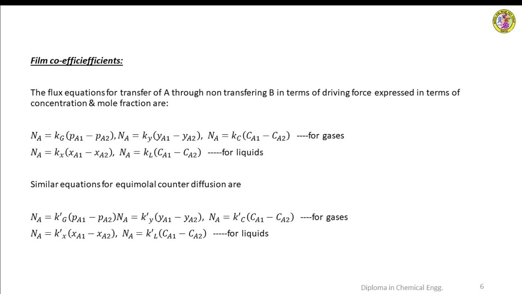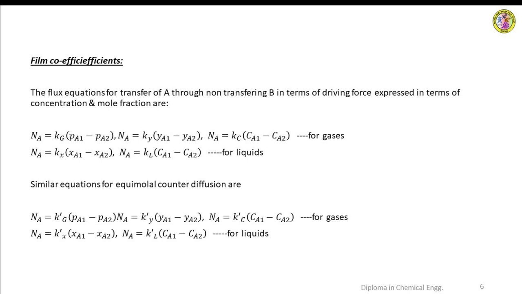If you look at all these equations, you can see that there are a variety of individual coefficients: kg, ky, kc, kx, kl, then ky dash, kg dash, kx dash. All these are called the film coefficients or individual mass transfer coefficients, because all these rate equations are written for an individual phase, that is, if you consider the mass transfer within a phase.